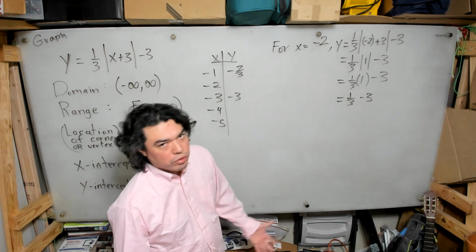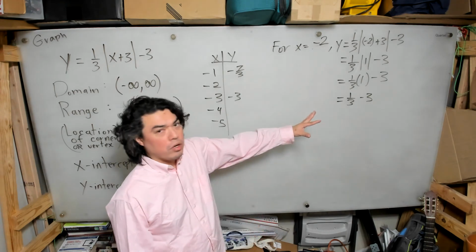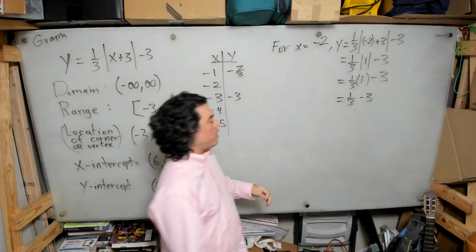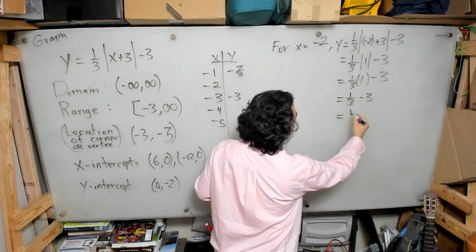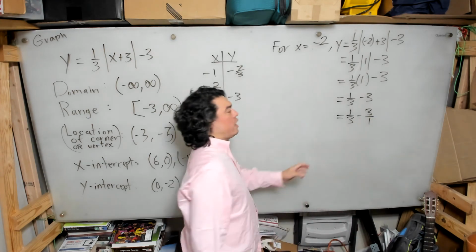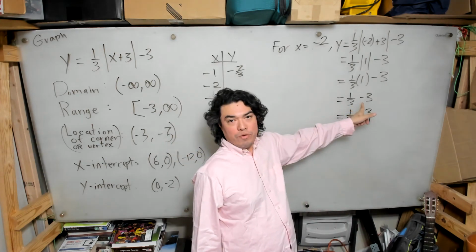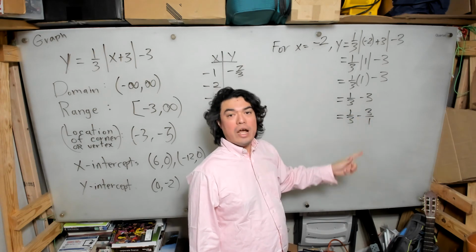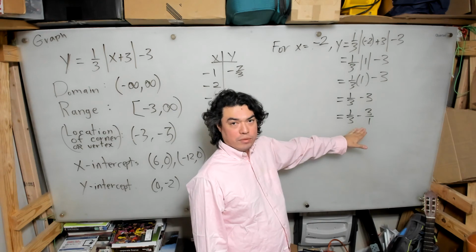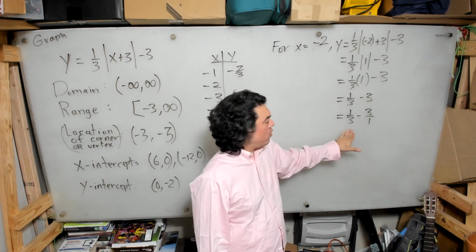So now we have to do a little bit of work here, okay? We have to figure out what this subtraction is. This subtraction can be written as 1/3 minus 3 over 1. Notice I changed this number 3 into a fraction by setting it as the numerator and 1 as the denominator. Now, in order to effectuate the subtraction, I have to put them on a common denominator.